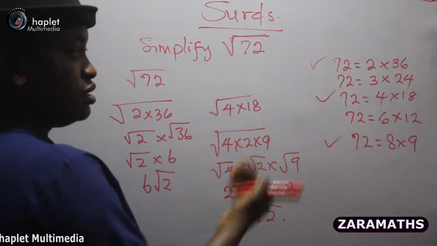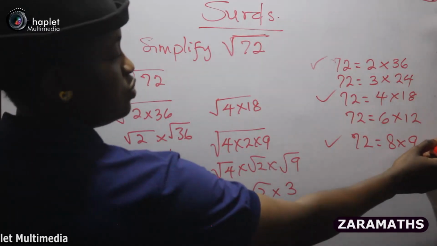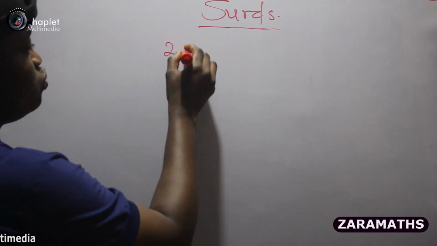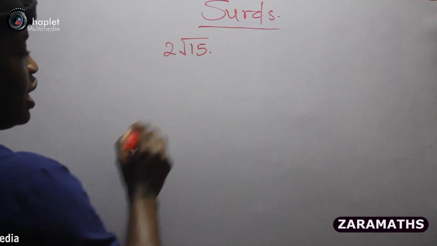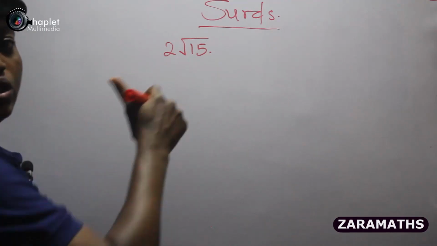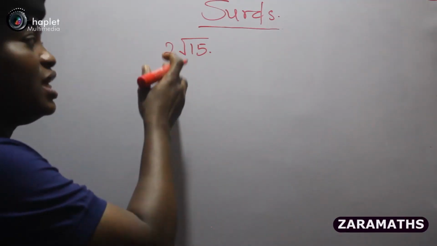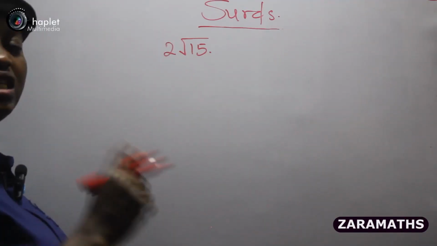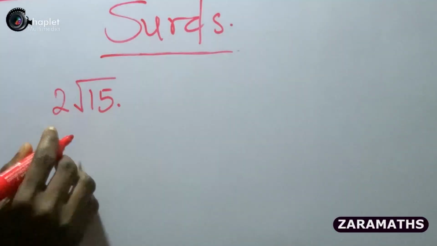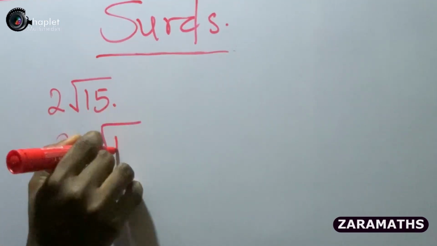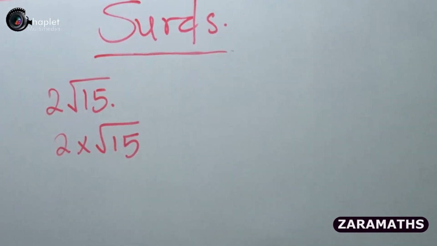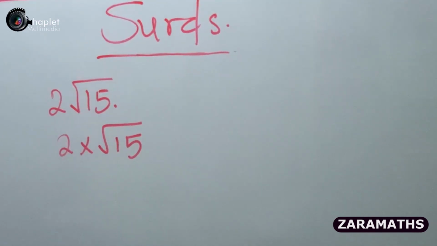You can use this to also solve for this. In a situation whereby you have 2 root 15 as a simplified surd, how do you take it back to a single surd? In this case, you find the square of the coefficient. This 2 root 15 is like saying 2 times root 15. Now, for this coefficient to have a square root, you have to find the square.